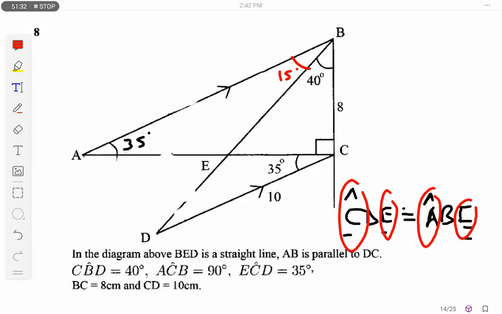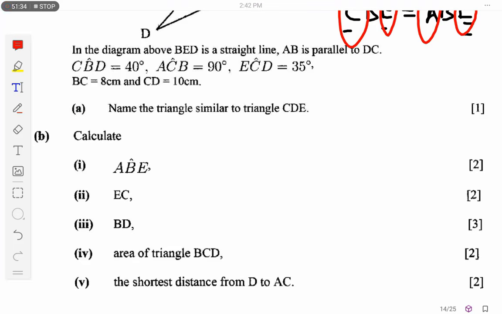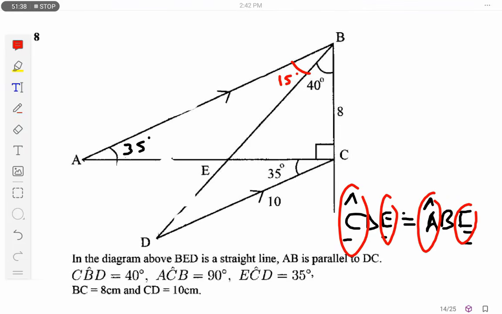Okay, let's go on to the next question. Calculate EC. So we now want to find EC. Where is EC? EC is this side. I've got this side, and I've got this angle. Which one can I use?